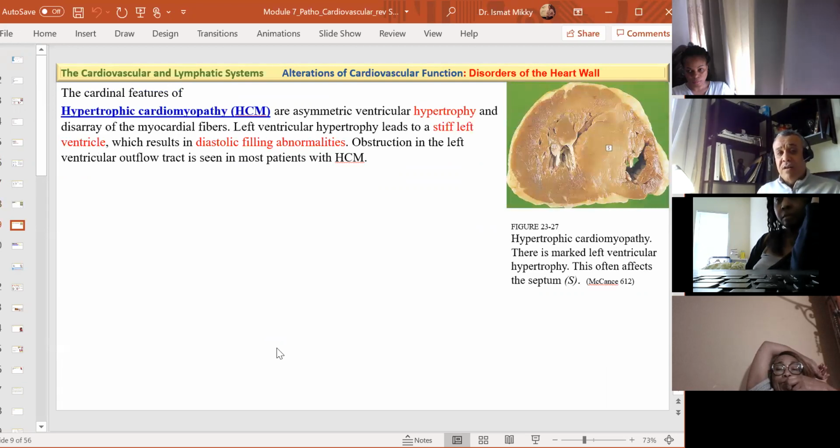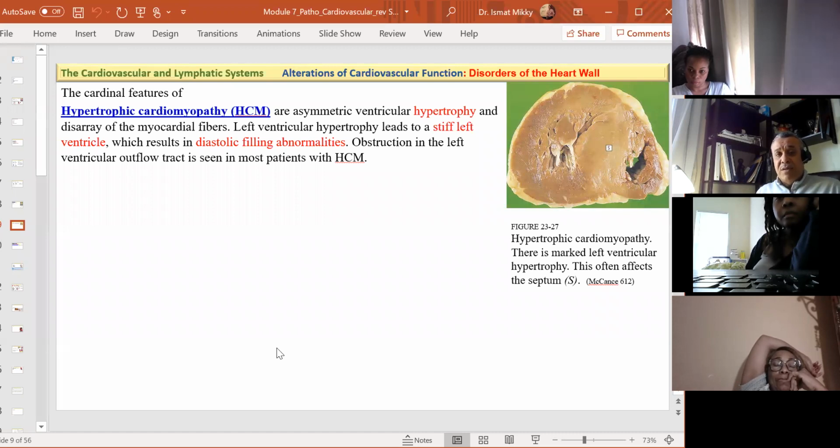The second type of cardiomyopathy is called hypertrophic, and we saw how dilated is different than hypertrophic because the thickness of the muscle has increased. So the hypertrophic cardiomyopathy, we said it's either obstructive or non-obstructive.